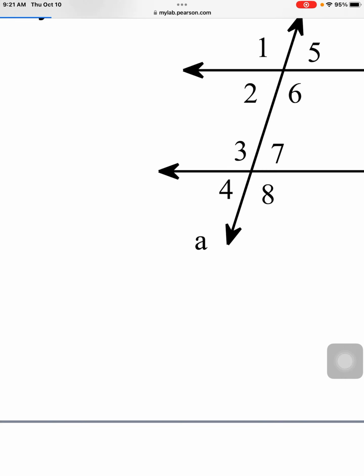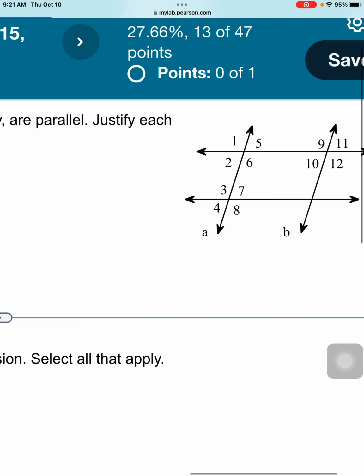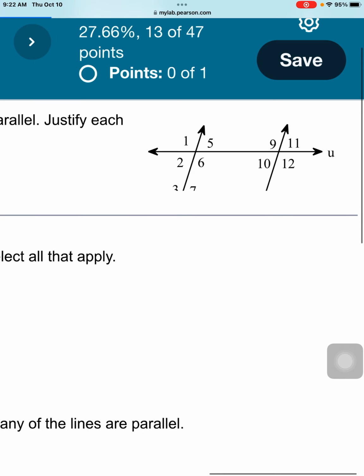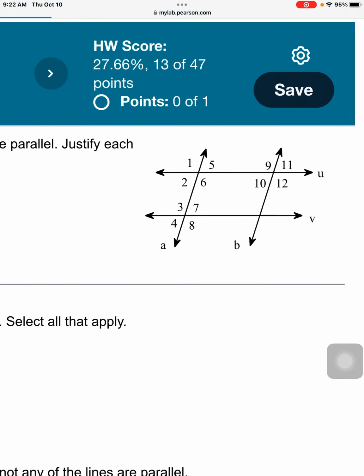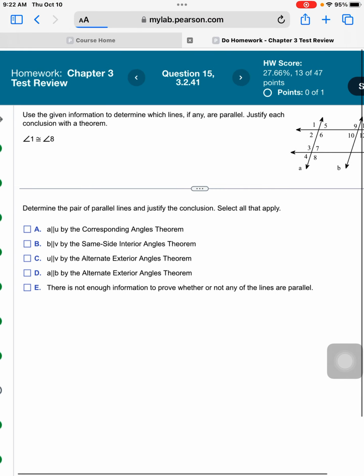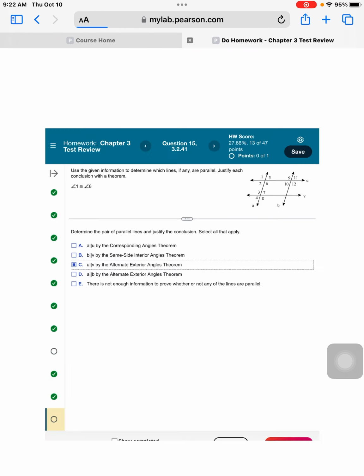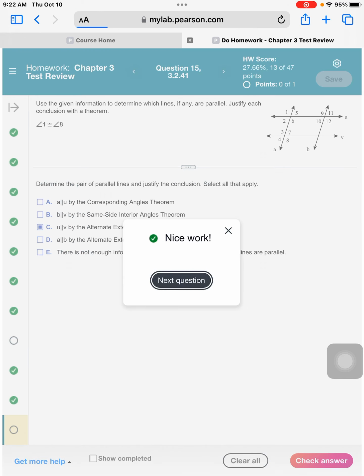My line A. So whatever my transversal line A is intersecting, those two lines have to be parallel. And what are they intersecting? U and V. So U and V are parallel because of the alternate exterior angles theorem. Perfect.